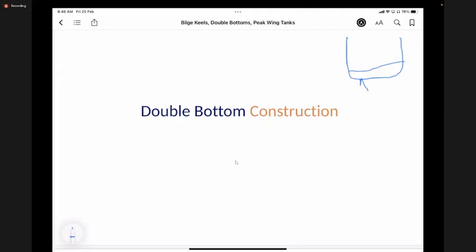The second thing, we know that double bottom is used for ballasting, and for the purpose of this ballasting, we are not mixing up any cargo with it, because we are not taking ballast in anymore.